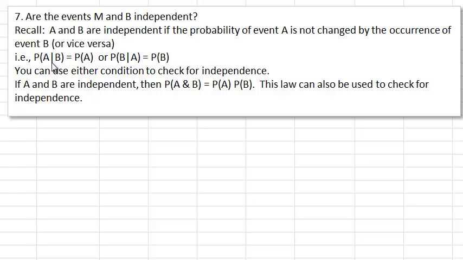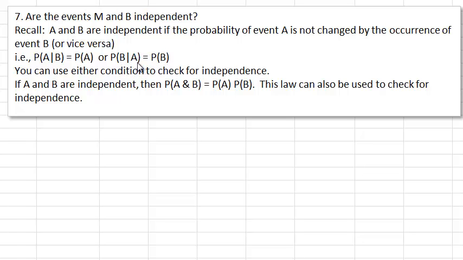What this is saying is, for instance, the probability of A given B is the same as the probability of A. So whether B has occurred or not, or if you don't know whether B has occurred, the probability of A stays the same. And here, same kind of thing. The probability of B remains the same whether A has occurred or not.